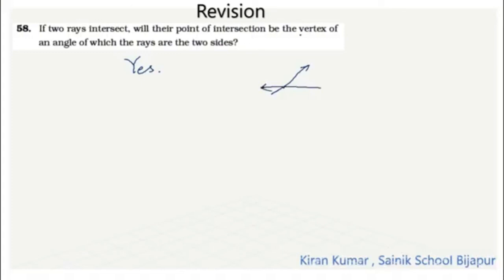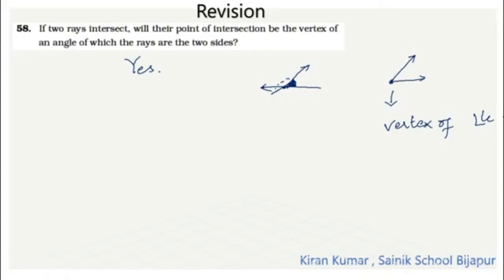The point of intersection is the vertex of the angle. This is one possibility. Another possibility is these two rays are intersected at a point. So the point is the vertex of the angle. In this case also it is forming vertex of angles.